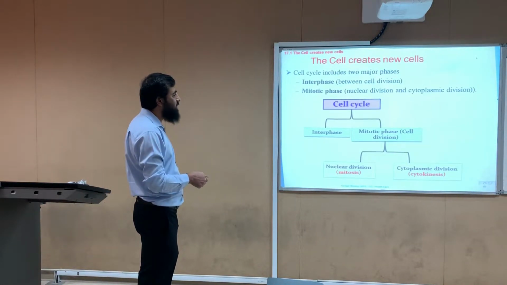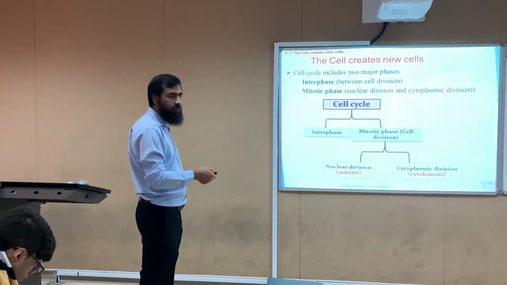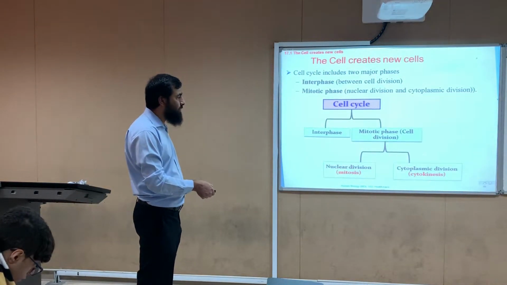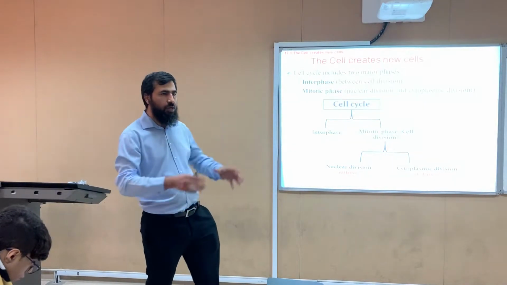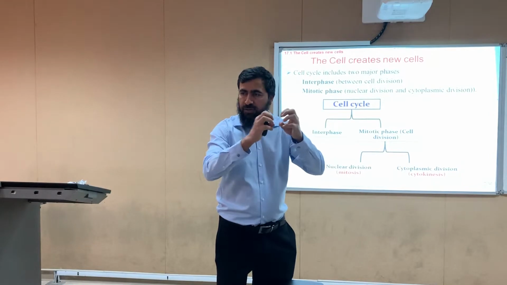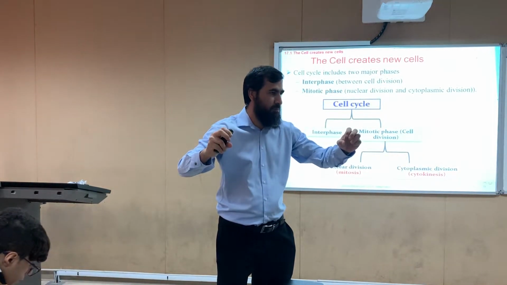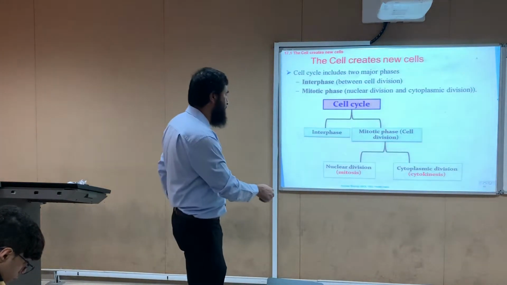The mitotic phase is the nuclear and cytoplasmic division, okay? So you get nuclear division, mitosis, and the cytoplasmic division, which we call cytokinesis. For two new cells, you need to first divide the nucleus, okay? Then you need to divide the cytoplasm equally to have two new identical cells. So this is the mitotic phase.